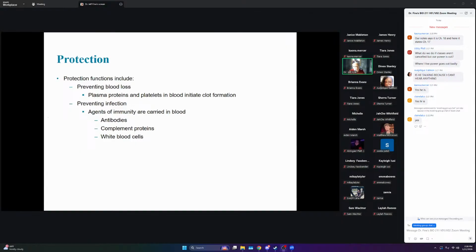Our immune system is out there circulating in our cardiovascular system, in our blood, trying to identify rapidly any threats that are foreign to the body, and then ideally trying to eradicate them before they act, before they take hold and become consequential. So several layers of protection that blood offers us as well.